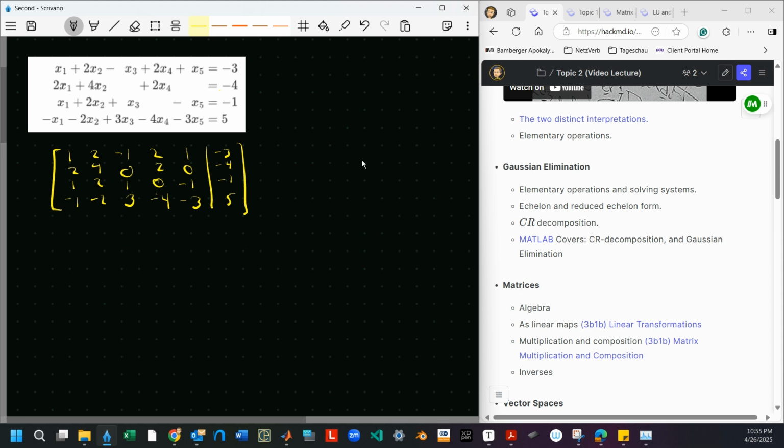Okay, so that's the matrix form of the thing. And we want to apply these same row operations to this matrix to try to solve it, and we'll see what that means in this case.